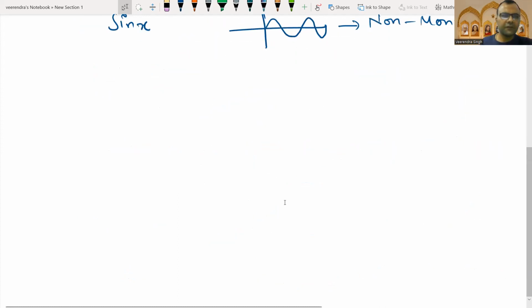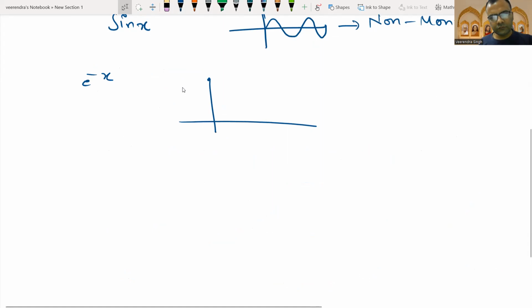If we take the graph for e power minus x, it is like this. So here we can see that the values are decreasing. When the function is either increasing or decreasing, we can say that e power minus x is monotonic.